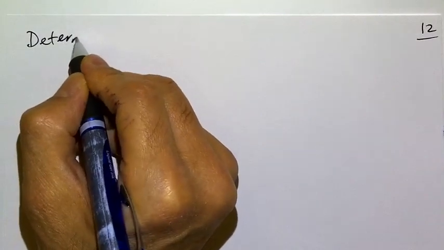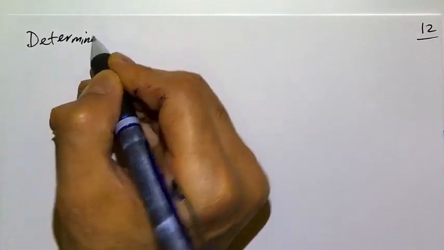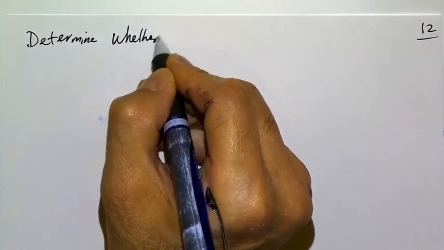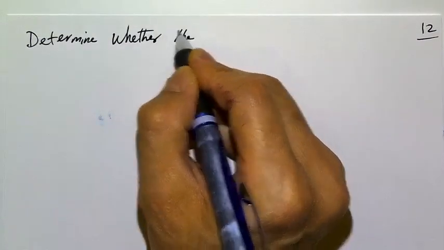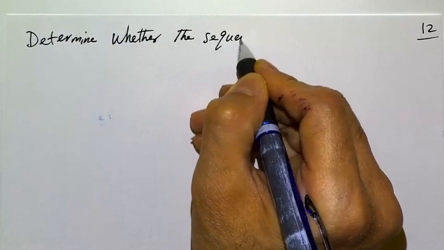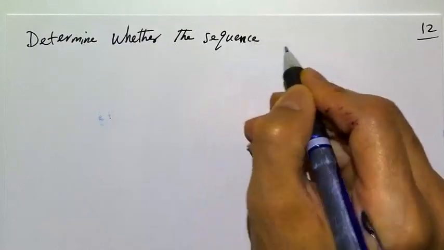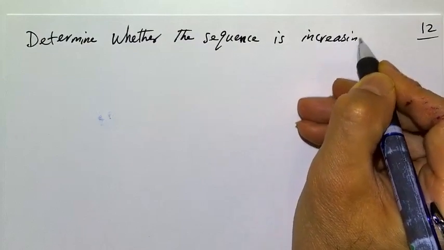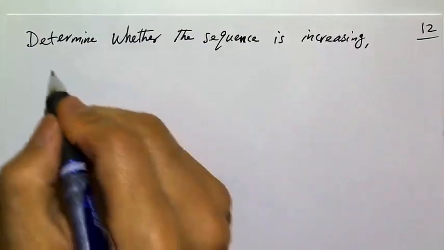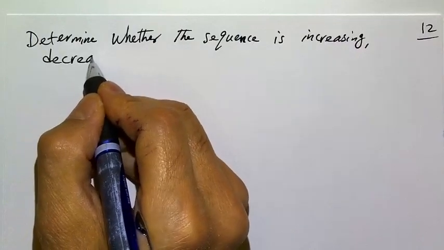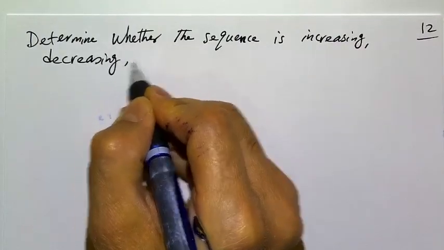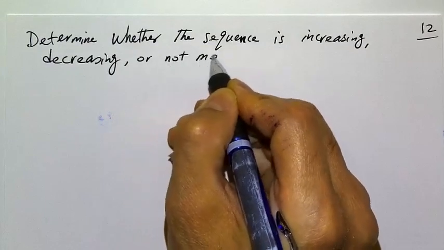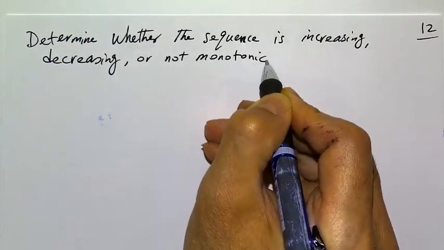Here we want to determine if the sequence is increasing, decreasing, or not monotonic.